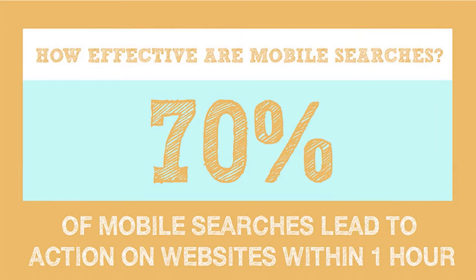All right, so when we're talking about the overall effectiveness of mobile responsive searches, what we found is 70% of mobile searches lead to action on a website within an hour. So what does that mean? Say your customer is Googling you, or putting your information into Bing, and they find you on a review site, if it's Yelp, Google reviews, Facebook reviews. This stat is saying that if they find you on that site and click through, an action is made.